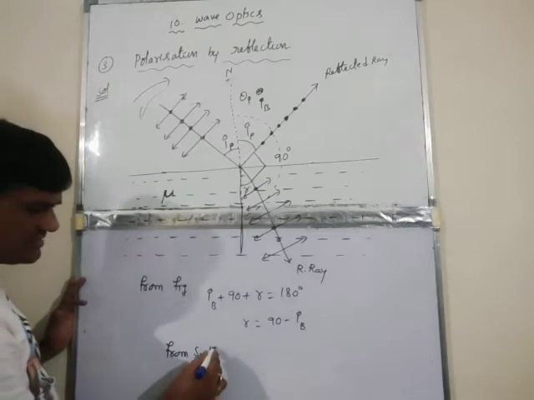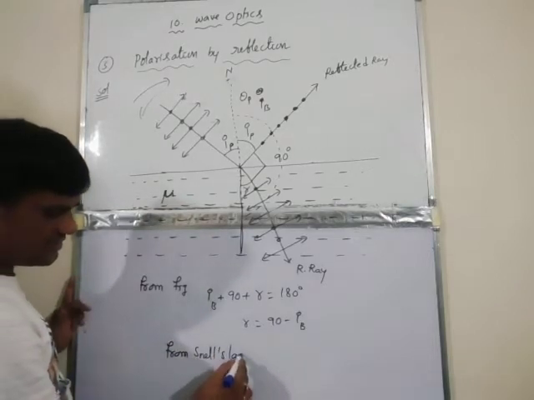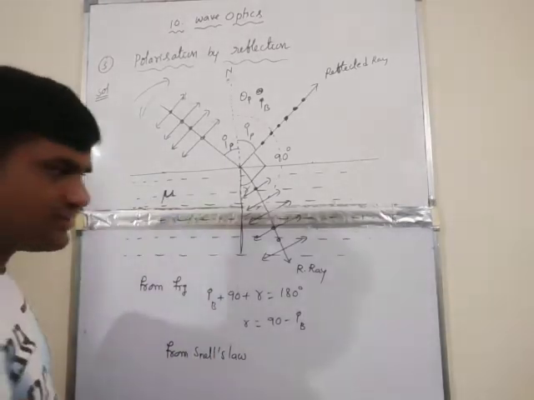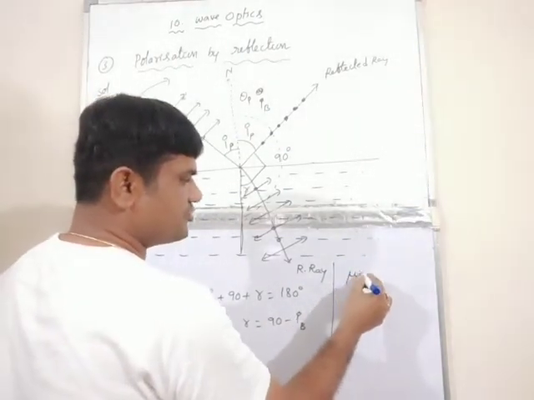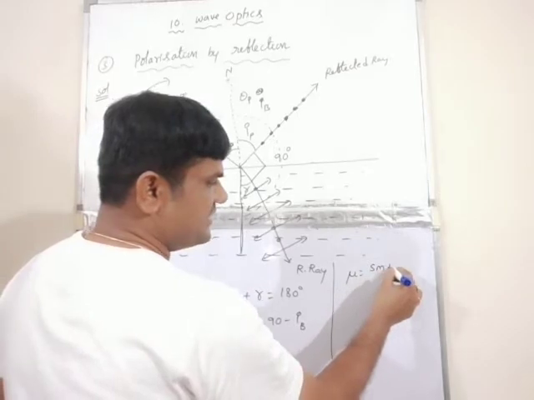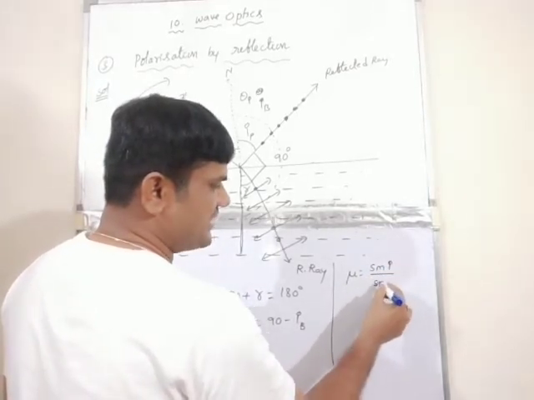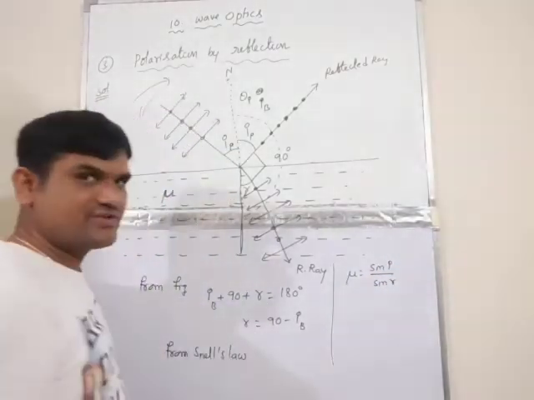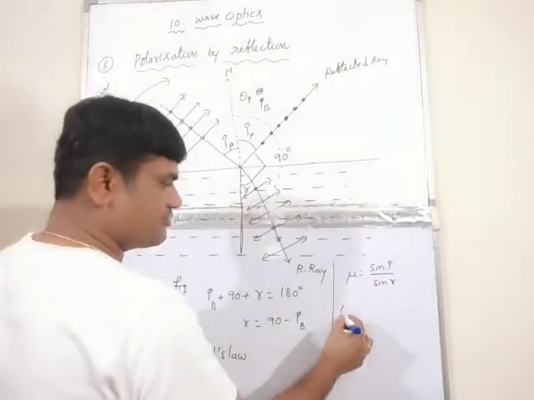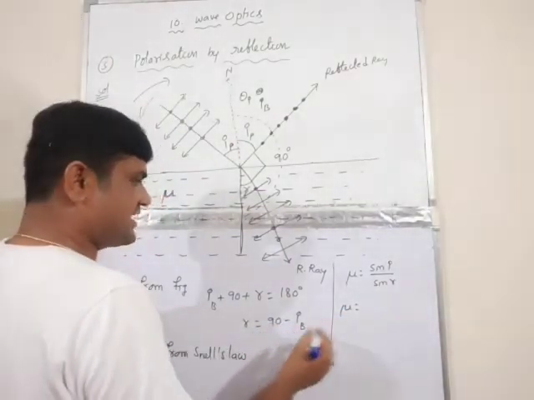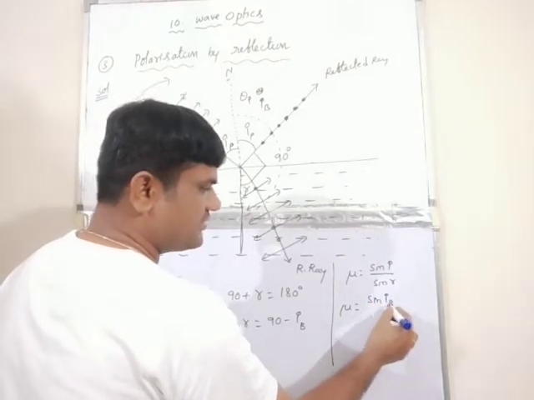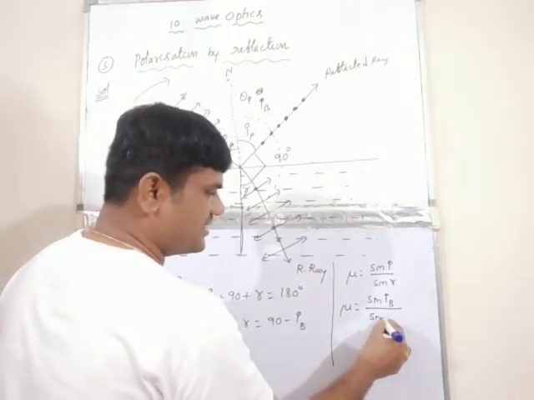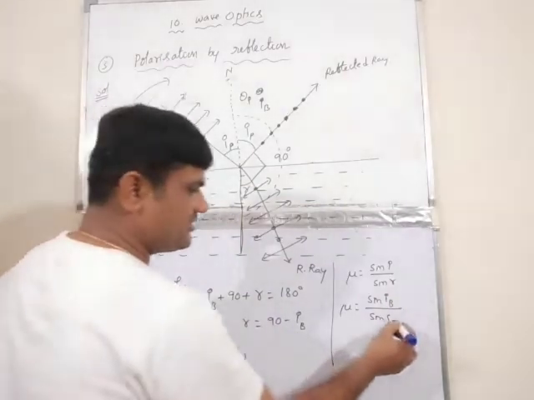From Snell's law, what can we write? You know Snell's law: mu is equal to sine I by sine R, angle of incidence over angle of refraction. So mu is equal to sine IB by sine R, and R is equal to 90 minus IB.